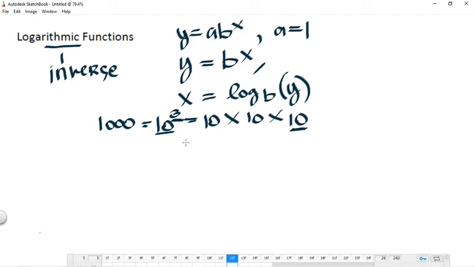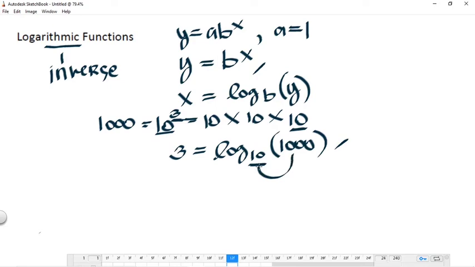In a form of logarithmic function, it will be 3 is equal to logarithm base 10 of 1,000. This type of function shows the number of times this base 10 is multiplied to bring out a number of 1,000. And the answer is 3.